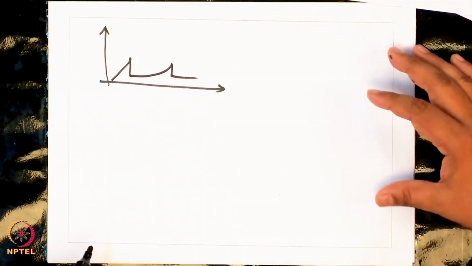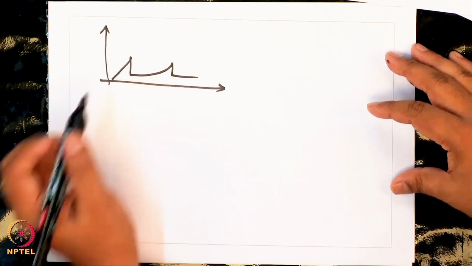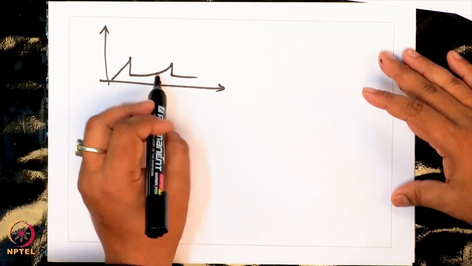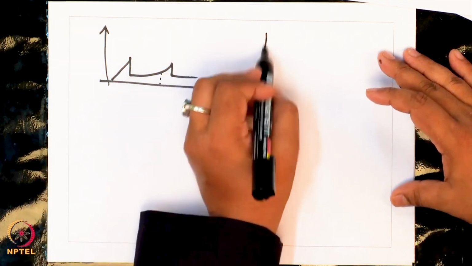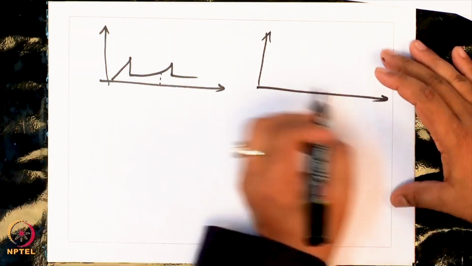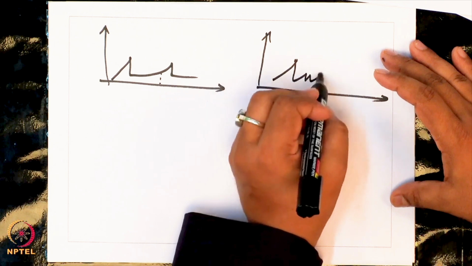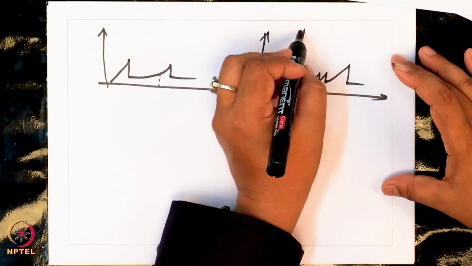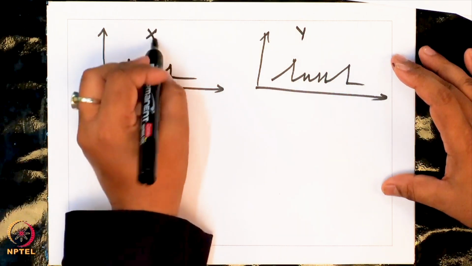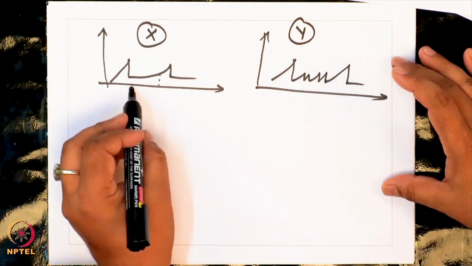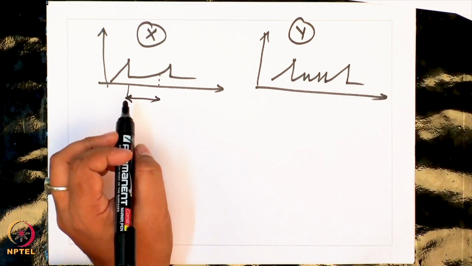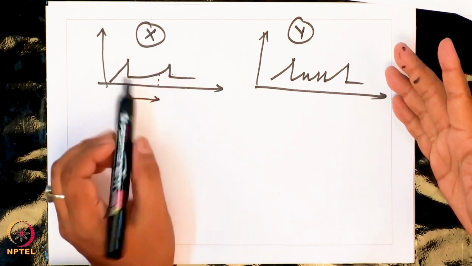Let us say you have done the experiment and this is the output that you get once. Let me draw another case, compared to this case y. For case x, you got this long gap extension in between with almost 0 forces and nothing else, and you have these two peaks.